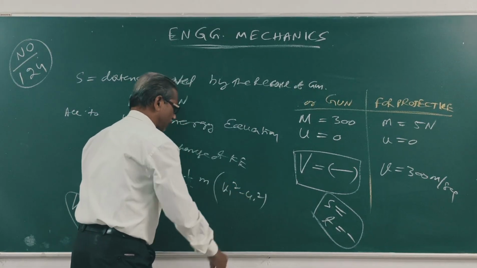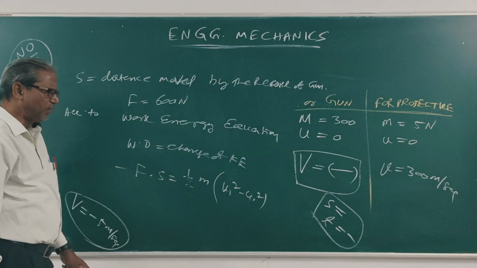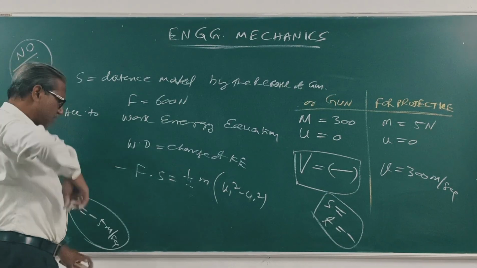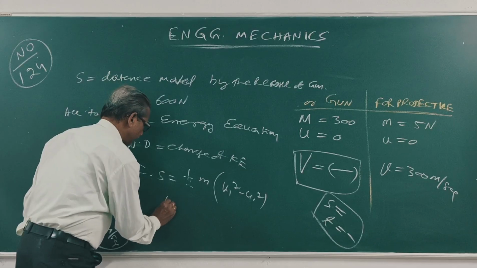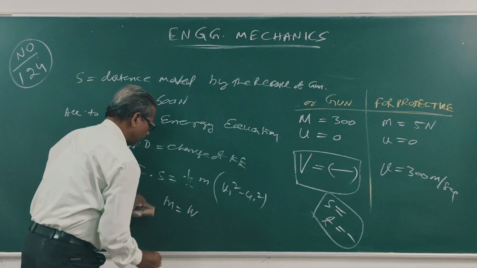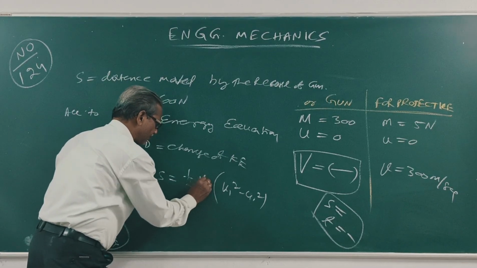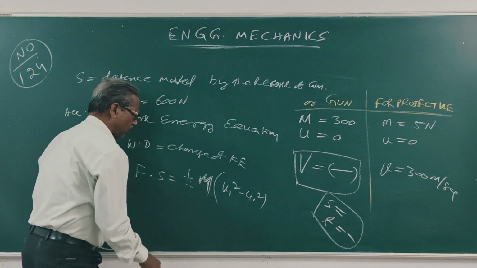Here, M is equal to W by g, for the recoil of gun.